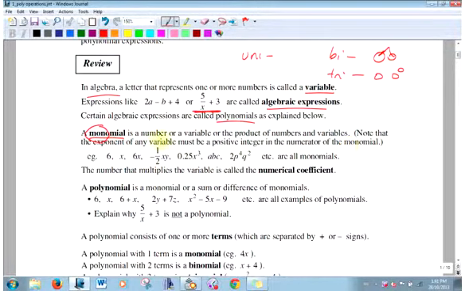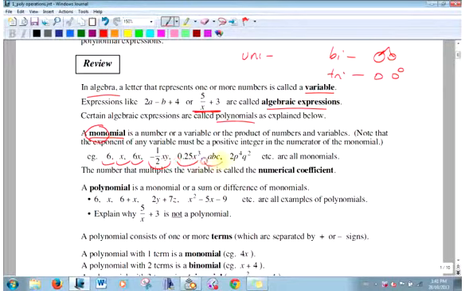Okay, monomial. There's one term. In this case, it's a number. There's one variable. Okay? Can I multiply them and still have a monomial? Yeah, 6x. That's a monomial. One term is the word. Okay? That's a monomial. They're all multiplied together.